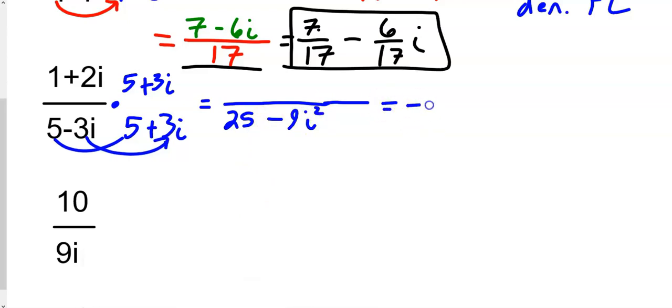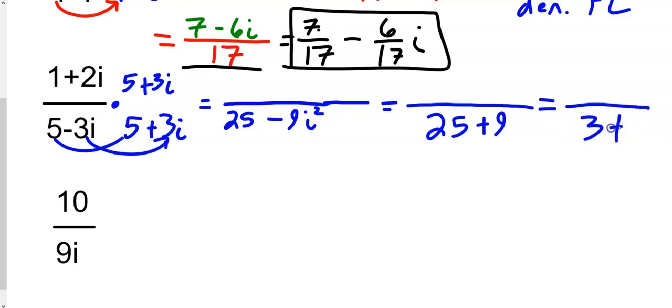Which we know what happens to that. That becomes 25 plus 9, because i squared becomes negative 1, and negative 9 times negative 1 is a positive 9. Okay, and in the end, we end up with 34 in the denominator.